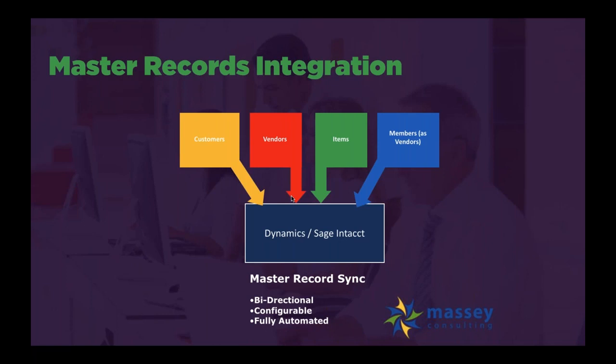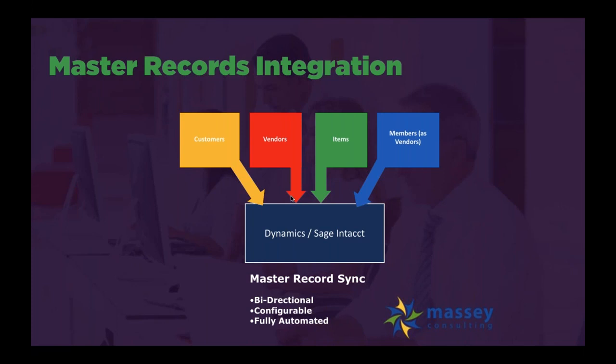So whether it's customers, vendors, items, members, as far as master records go, we can synchronize all that information between the two systems. Now, this can be a real-time synchronization. You can schedule it to run every hour, every 30 minutes. You can schedule it to be real-time. There's a lot of things that you can do with this to customize it to make it fit the way you want it, and they're independent.